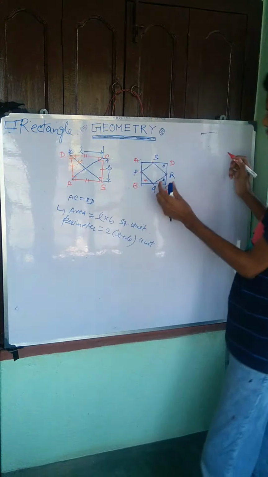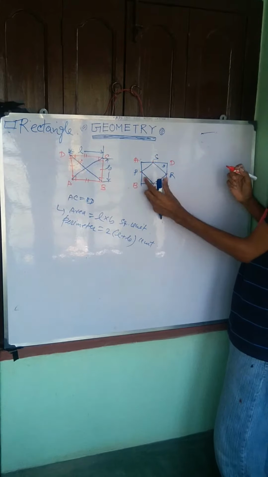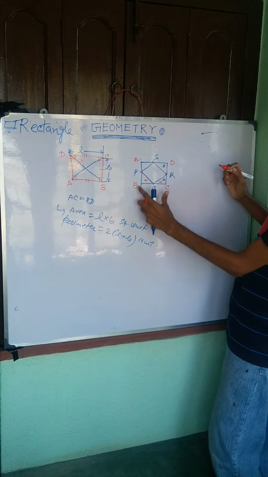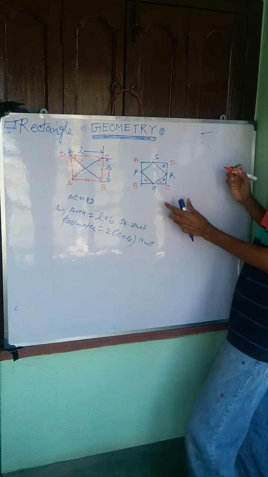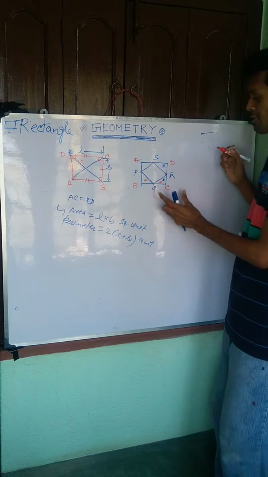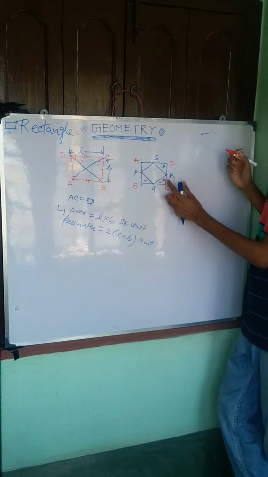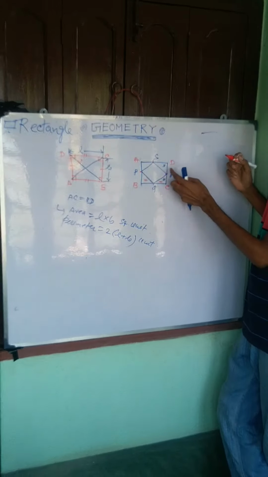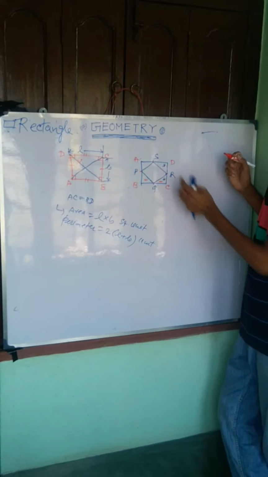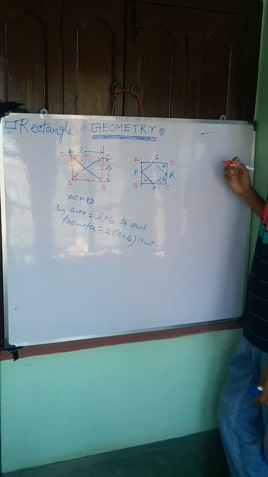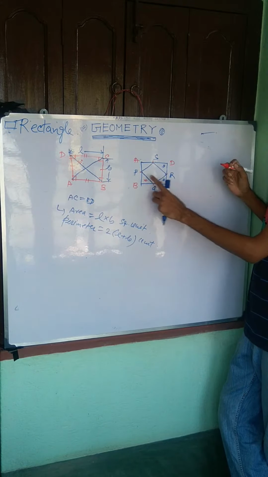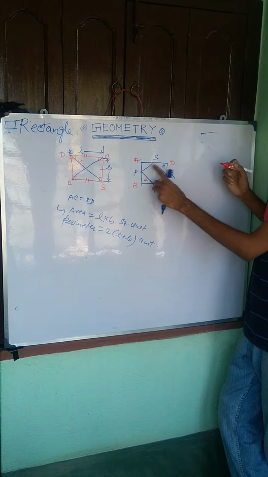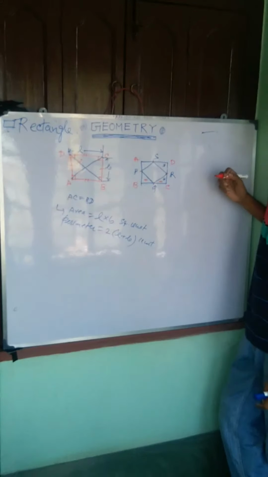So in the first case, triangle BPQ is congruent to CQR. Similarly, triangle CQR is congruent to triangle DRS. Understand? So all four sides are equal.